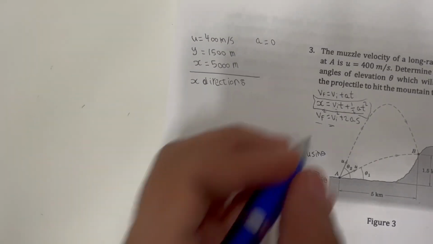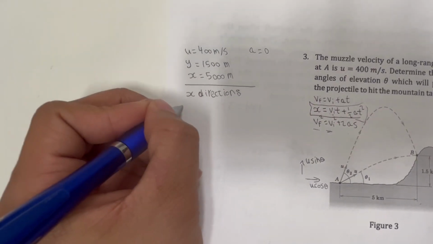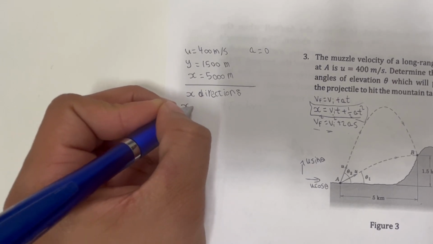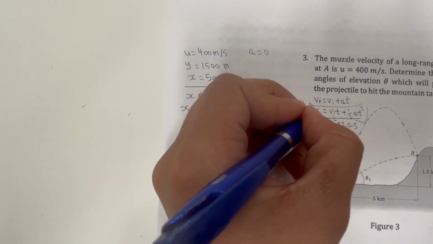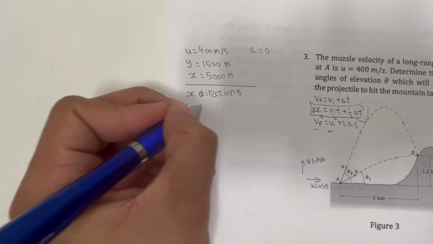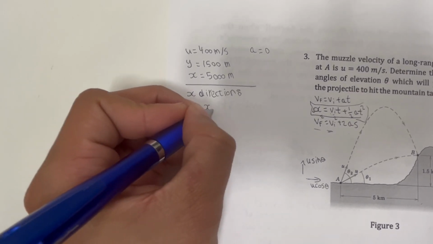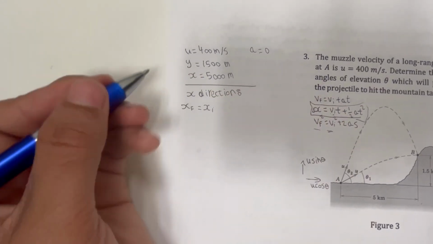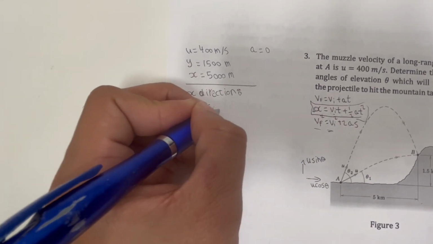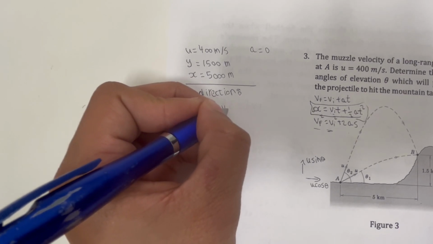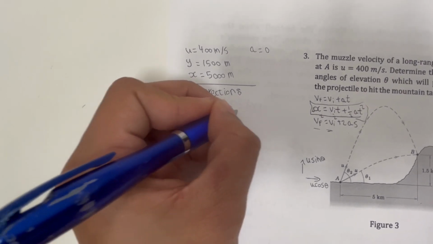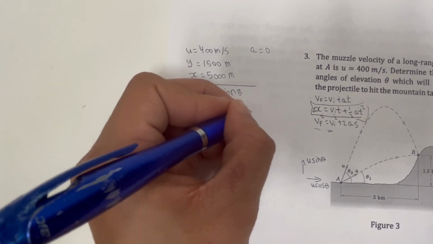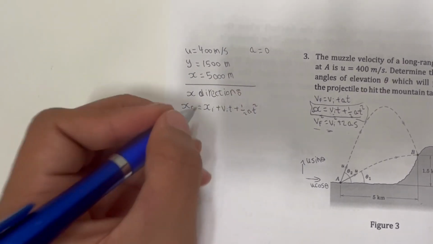Alright, so we're going to use this one. This is delta x, so when I'm writing x final equals x initial, if you take it to the other side, x final minus x initial is delta x, plus v t plus half a t squared.